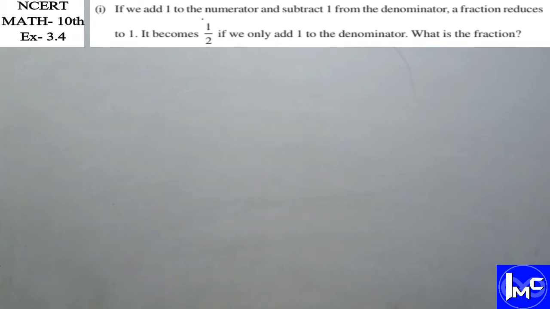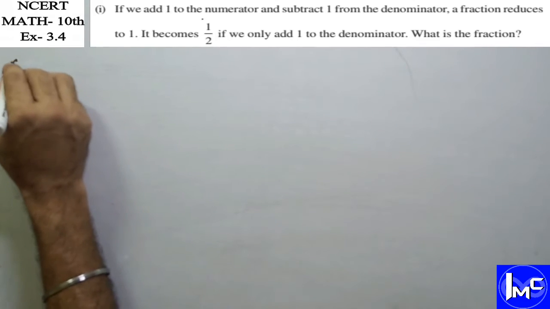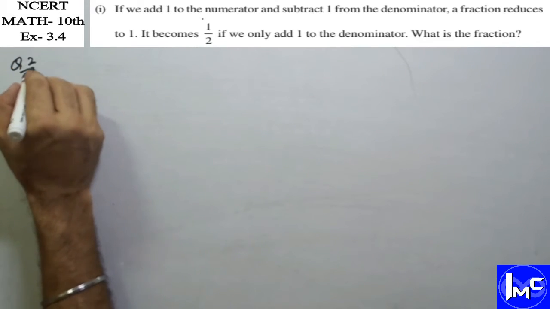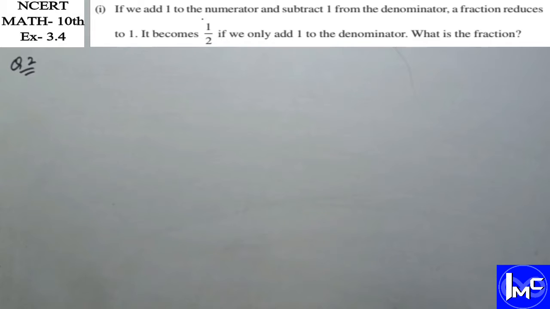What is the fraction? And we know that in these types of questions or problems, in which we have to find the fraction number, we always assume the numerator and denominator.